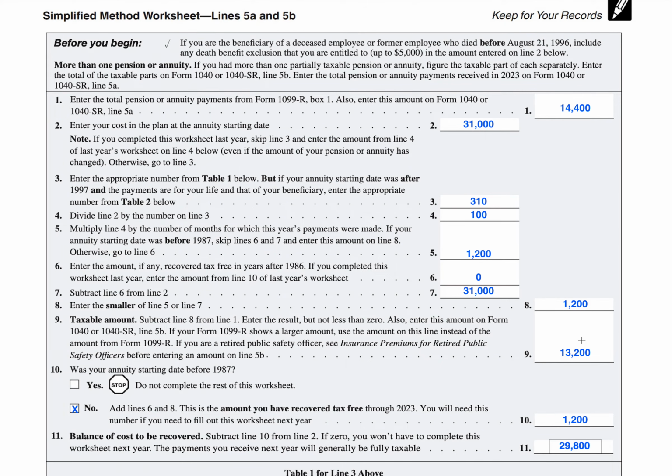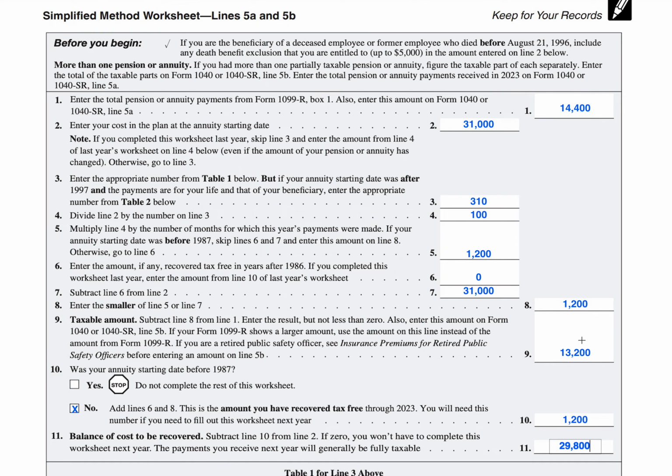This will be the amount that you enter on line 5B of your Form 1040 or your 1040-SR. If your Form 1099-R shows a larger amount, you can use this amount instead of the amount from the Form 1099-R. If you are a retired public safety officer, then you should see specific guidance on insurance premiums for retired public safety officers before you enter any amount on your Form 1040.